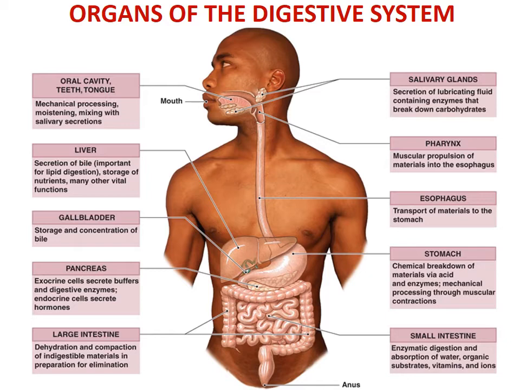Both exocrine and endocrine types of cells are present in the pancreas, so that's why it is called a mixed gland. The exocrine secretion buffers the acidic secretion in the duodenum, and the digestive enzymes are also used for digestion. Endocrine cells secrete hormones, like insulin, glucagon and somatostatin.